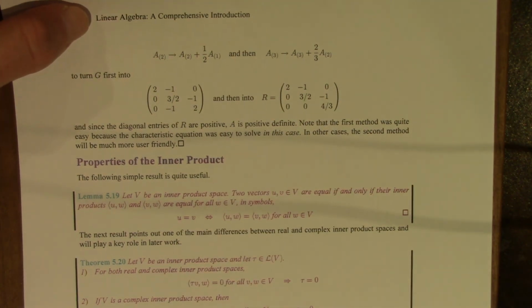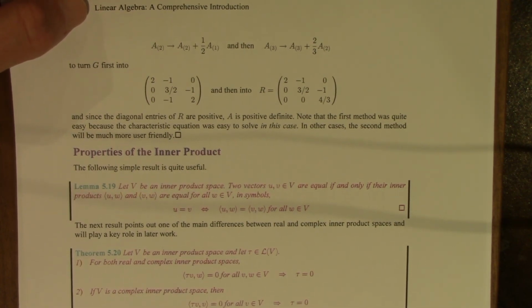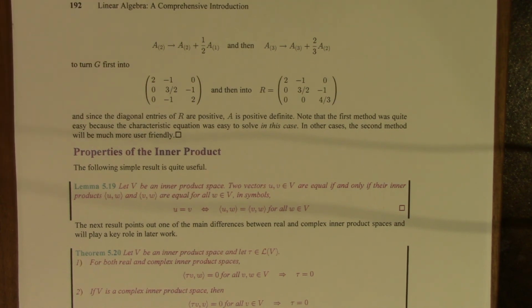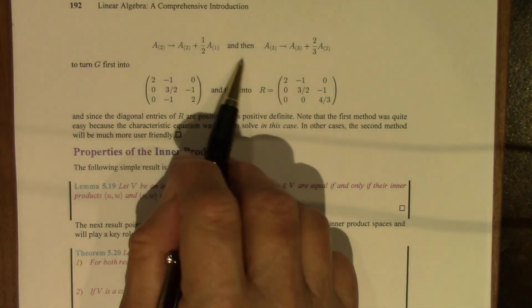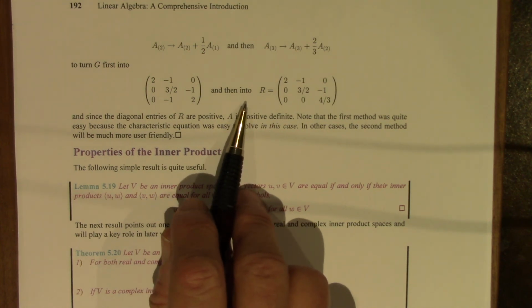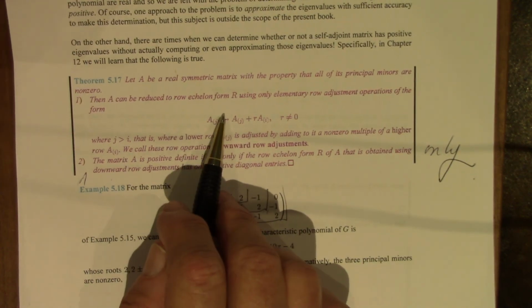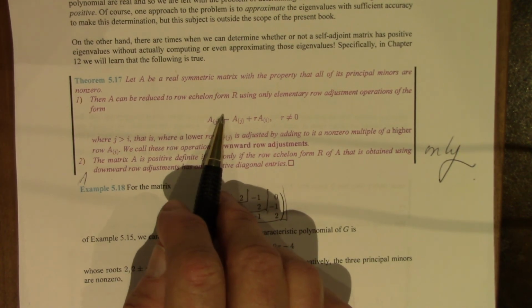Therefore, the matrix is positive definite. So, again, we were lucky that the matrix was small enough and the characteristic polynomial was easy enough to deal with. But in general, that won't be the case. And yet, this other approach would be much friendlier in other circumstances. Okay, so this theorem is quite valuable with respect to spotting positive definite matrices.